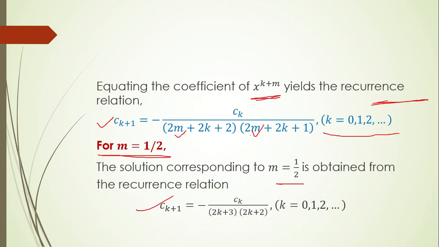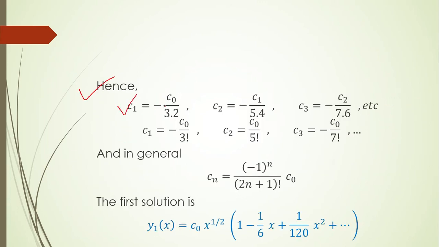For k = 0, we get c1 = minus c0 upon 3 into 2. For k = 1, c2 = minus c1 upon 5 into 4. For k = 2, c3 = minus c2 upon 7 into 6.